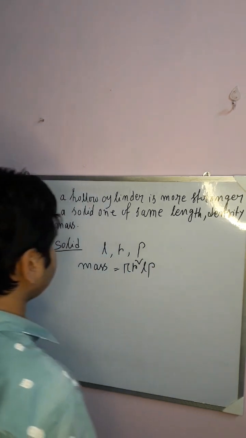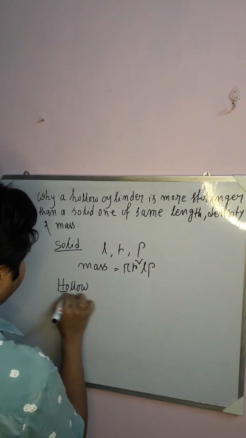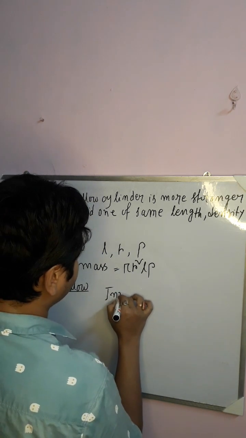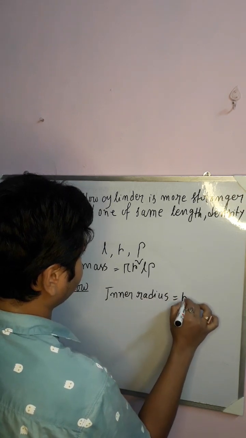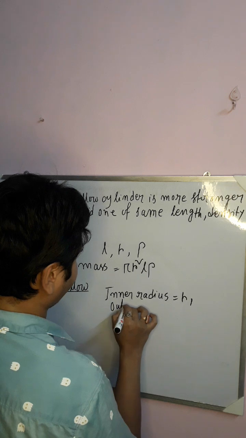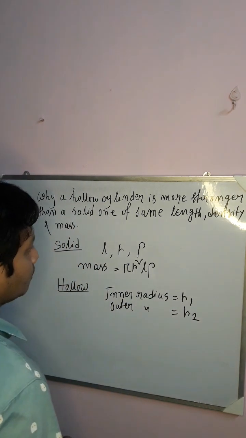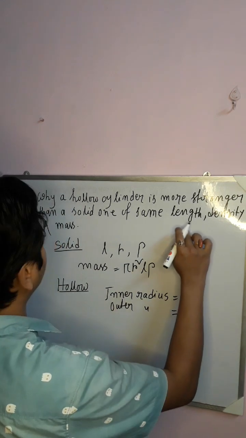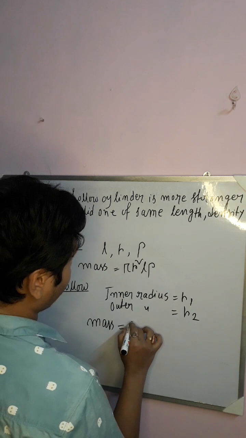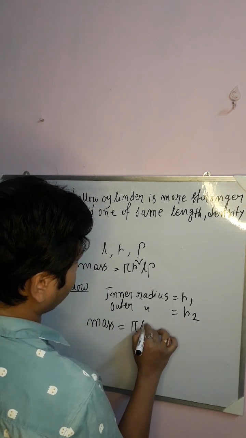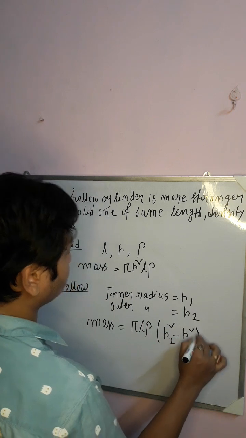And if we consider the hollow one, say inner radius is R1 and outer radius is R2, and length and density are same, so its mass will be pi L rho (R2 square minus R1 square).